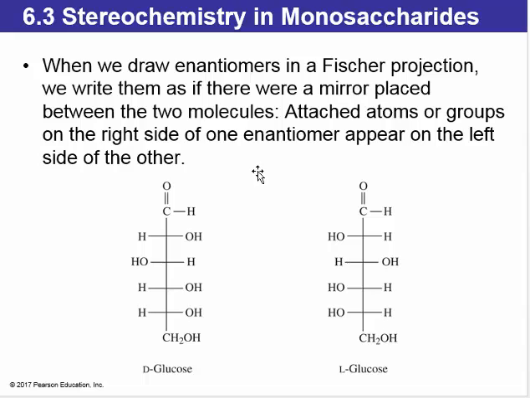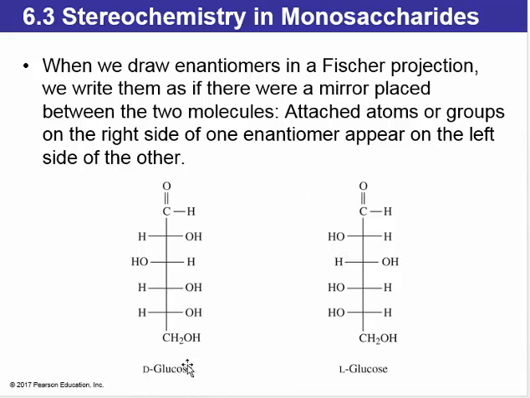We can see enantiomers very clearly in the Fischer projection, and if you are to draw one, all you have to do is look at the Fischer projection of the monosaccharide and then just draw the mirror image on the other side.